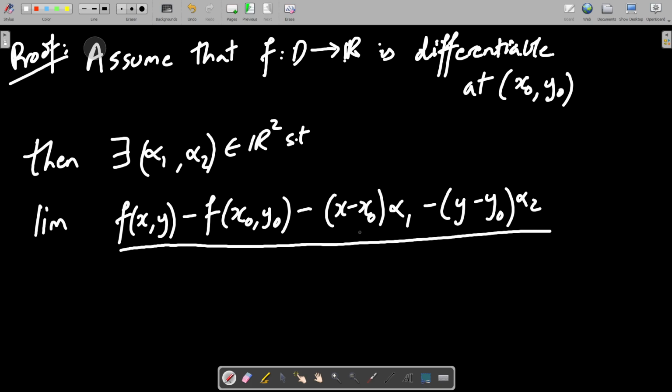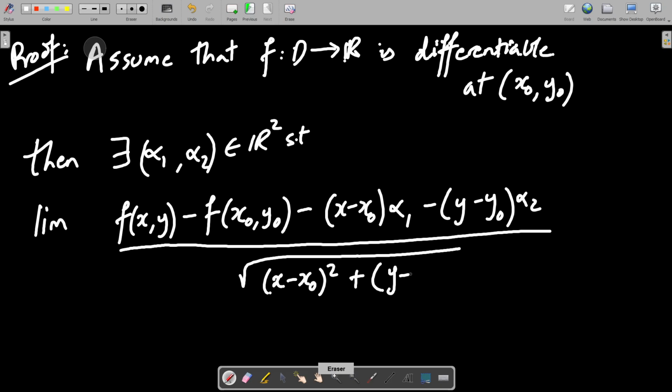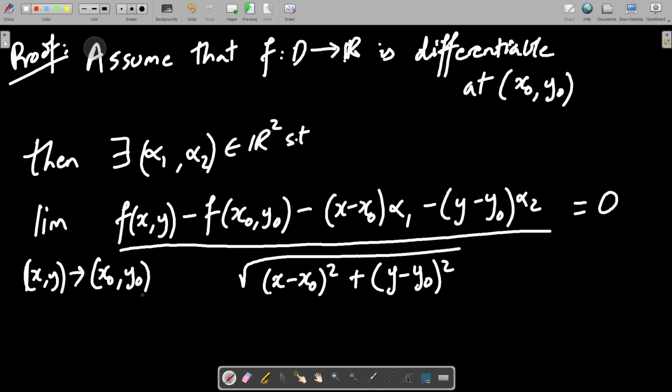So the denominator, which was the square root of h squared plus k squared, will have to be replaced by the square root of (x minus x naught) squared plus (y minus y naught) squared, and this entire thing will be equal to 0. But here the trouble is, what is the limit tending to? We had h tending to 0, but we have replaced h with x minus x naught, so in this case the limit will have to be (x, y) tending to (x naught, y naught).